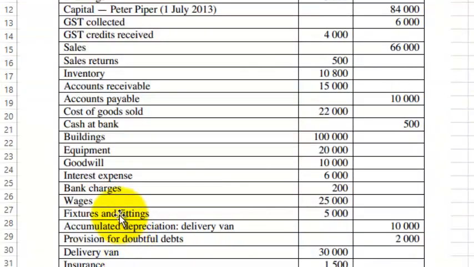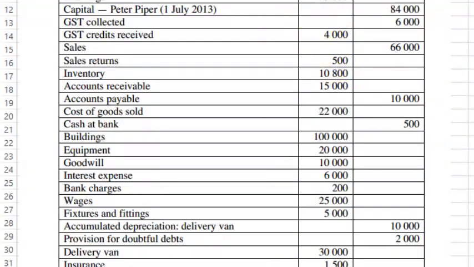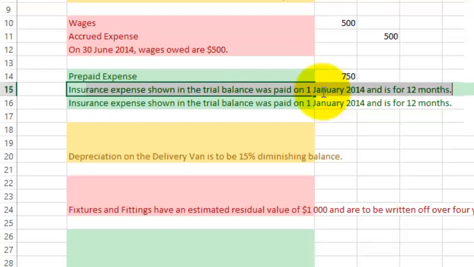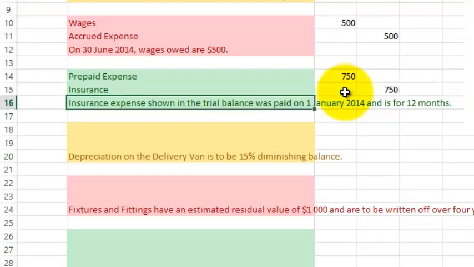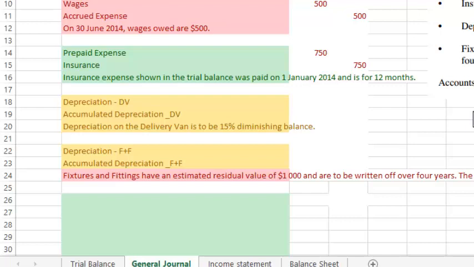So I need to refer to my insurance. There it is there, $1,500. So half of that is $750. I beg your pardon, what am I doing? $750, and I have to credit the insurance account for that amount. So what that means is that we've only used $750 of the insurance.